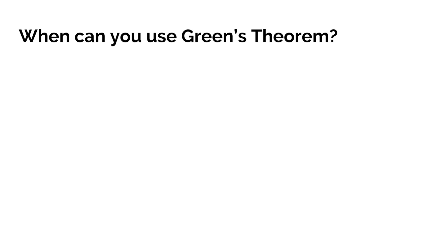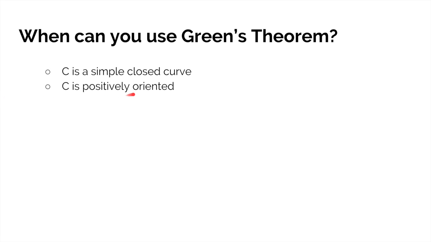So what are the limits of Green's theorem? When can you apply this theorem to help you calculate? First, the curve C must be a simple closed curve. By simple, it means that it never intersects itself and it's not open. Second, C is positively oriented, which means that the interior is always to the left of the arrow as you move around.